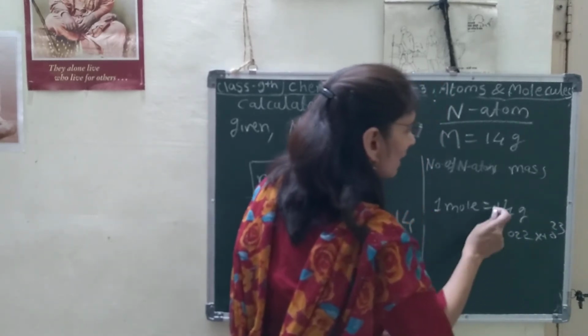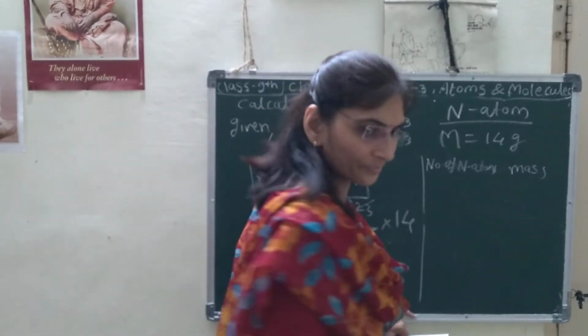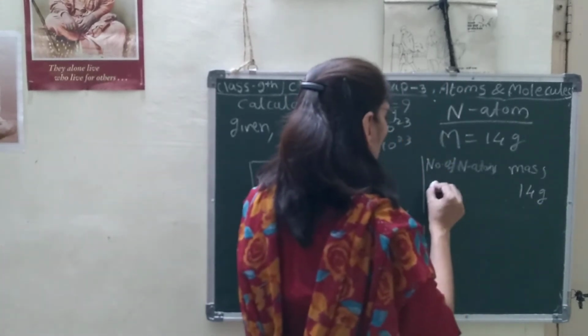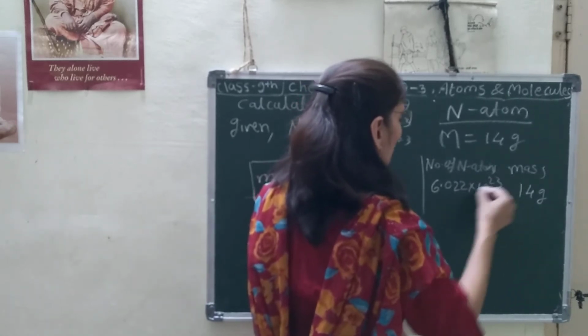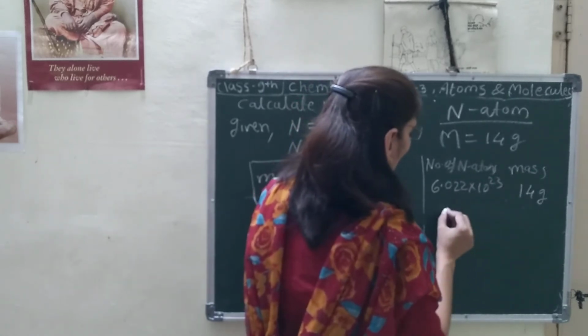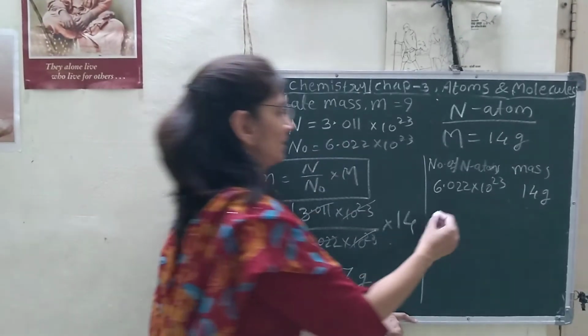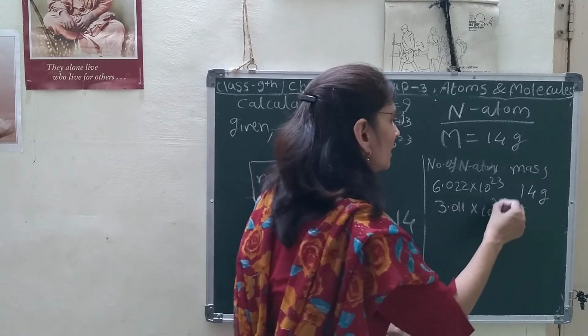So both are equal. That's why we can take the values here. For 14 gram, what is the number here? 6.022 into 10 to the power 23, and for given number of atoms, 3.011 into 10 to the power 23.